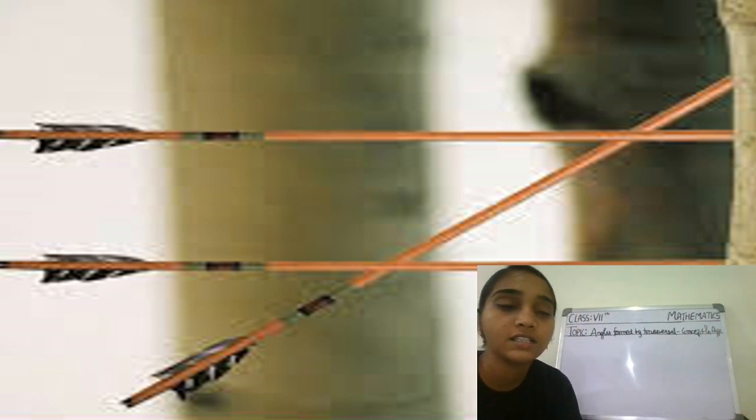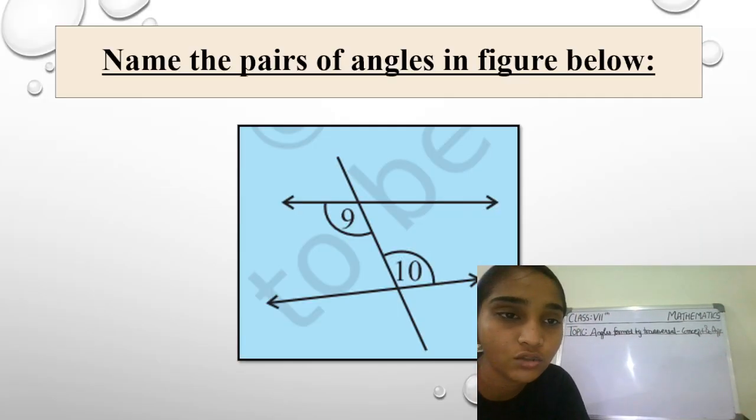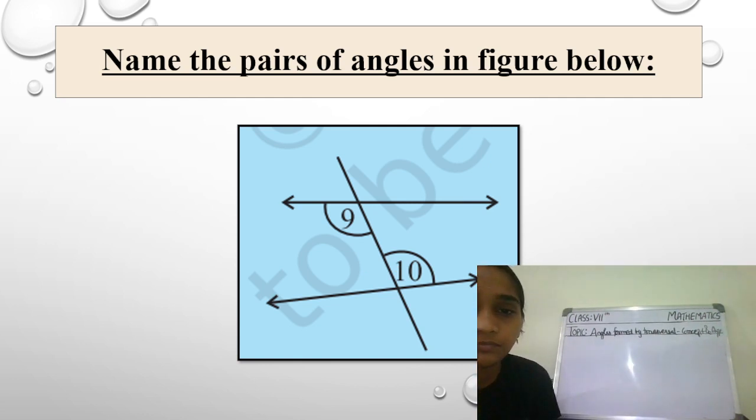Now let us discuss a few more applications, students, related to this, where you have to name the pair of angles. Suppose the arrows are showing these angles, angle 9 and angle 10. So what will be the name for this? Very good, students.